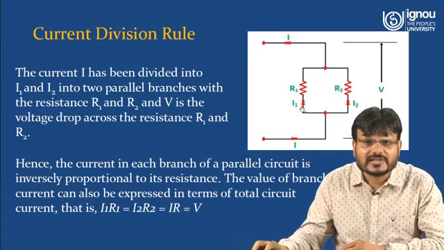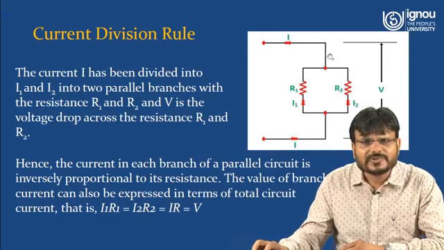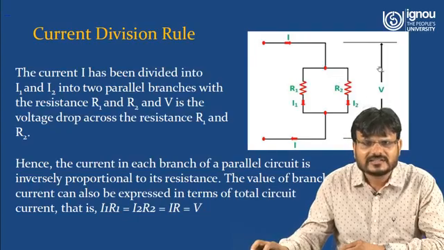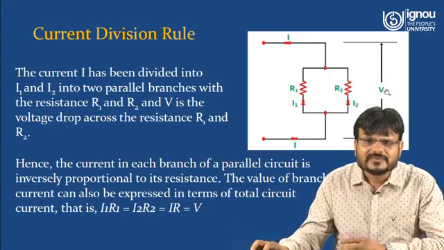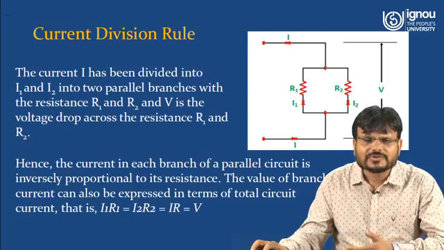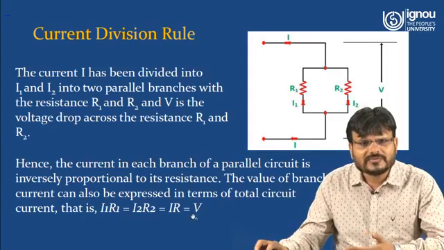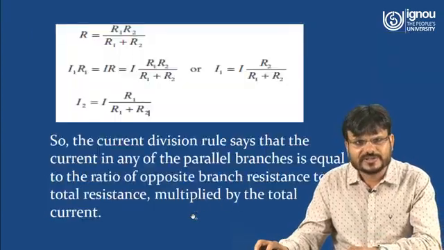So this I1 R1 is equal to I2 into R2, and if the equivalent resistance across this branch is R, then this V can be written as I into R. So you can denote I1 R1 equal to I2 R2 equal to I R, which is equal to V.